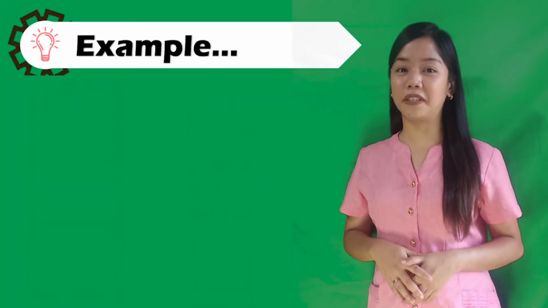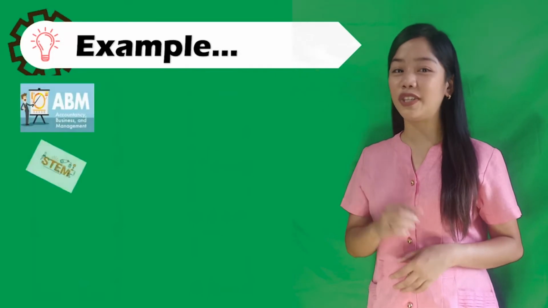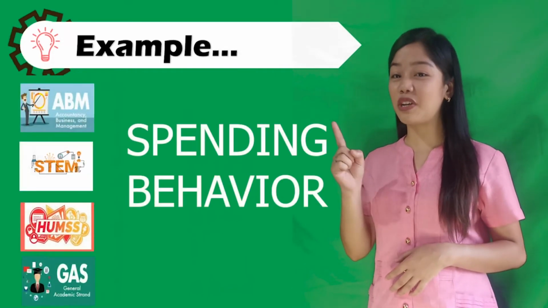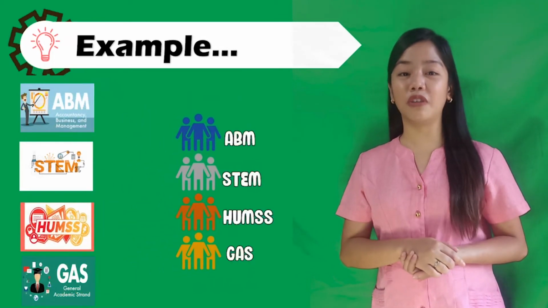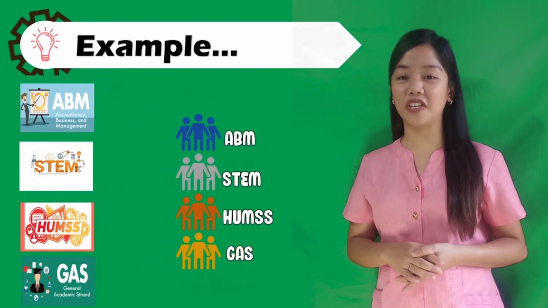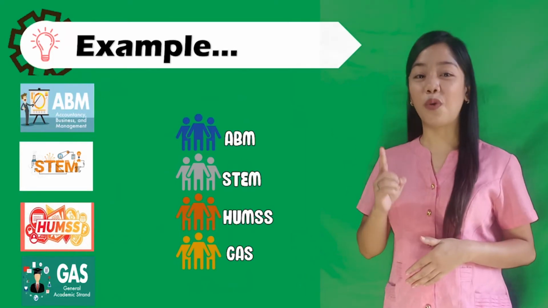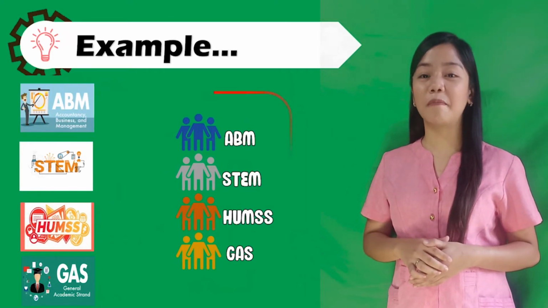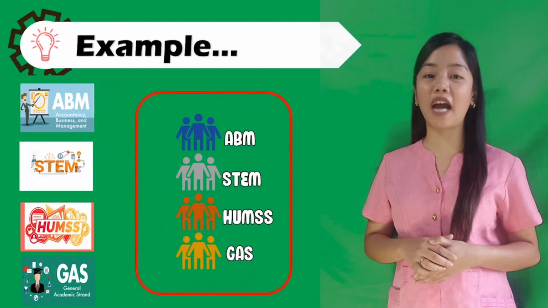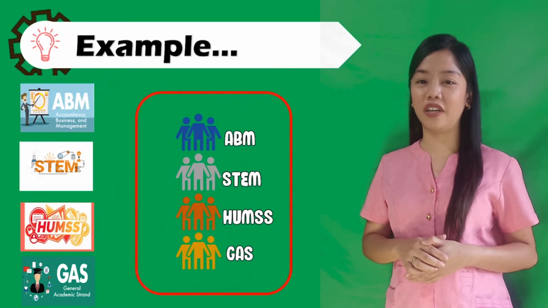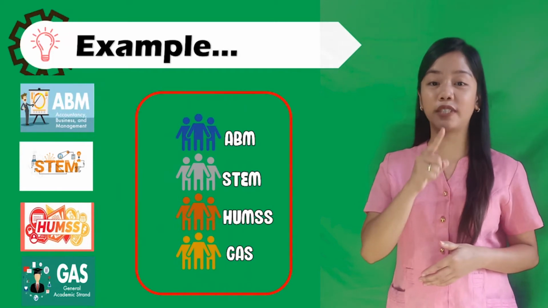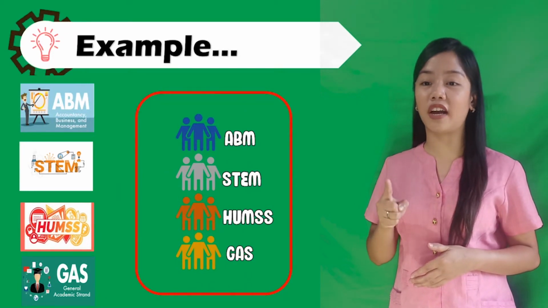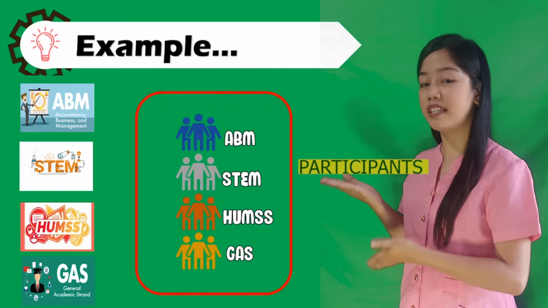For example, let's say you wanted to know the spending behavior of the two different strata that are homogeneous in nature. When we say homogeneous, the members from each stratum have the same characteristics. After doing that, you would then take a random sample from each of these strata, and this will be your participants.